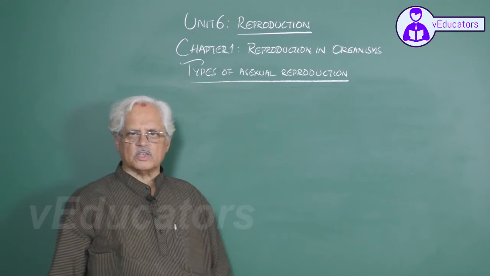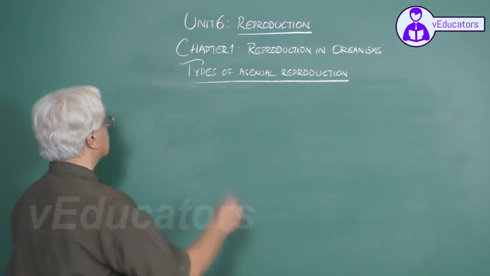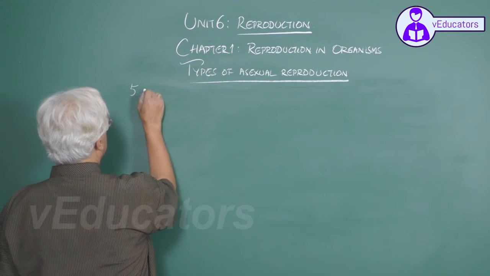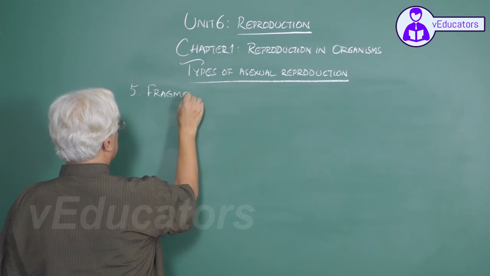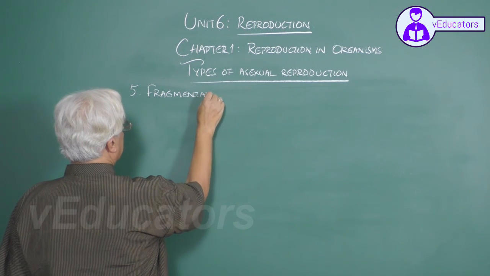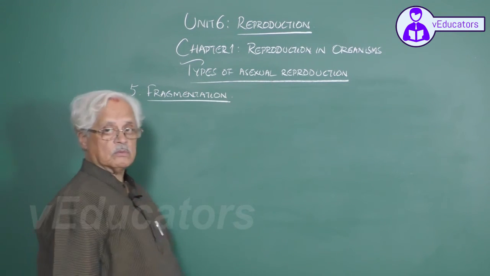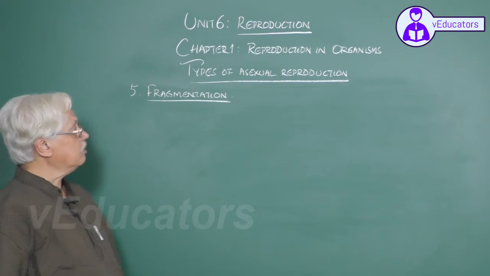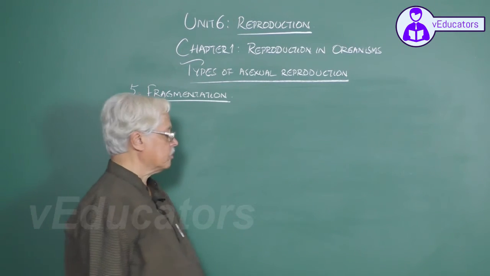One more type of asexual reproduction is called fragmentation. Fragmentation is observed in multicellular plants and animals.